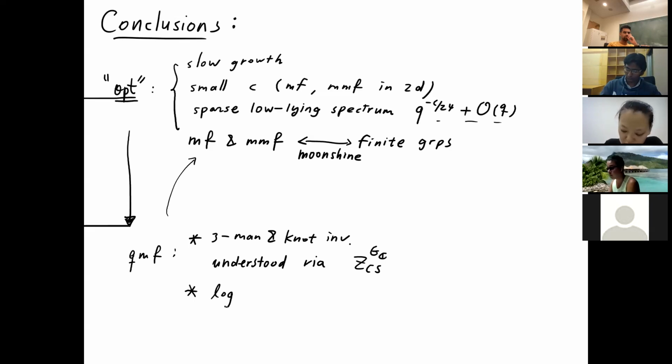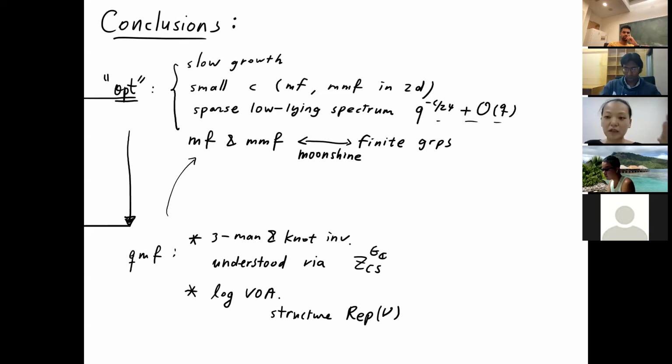Another interesting context where it shows up is that of log VOAs, and the fact that you get no more modular forms as characters is of course related to the fact that now you're dealing with an irrational theory. So the modified modularity, namely the quantum modularity, should tell you something about the structure of the representation category of such a VOA.